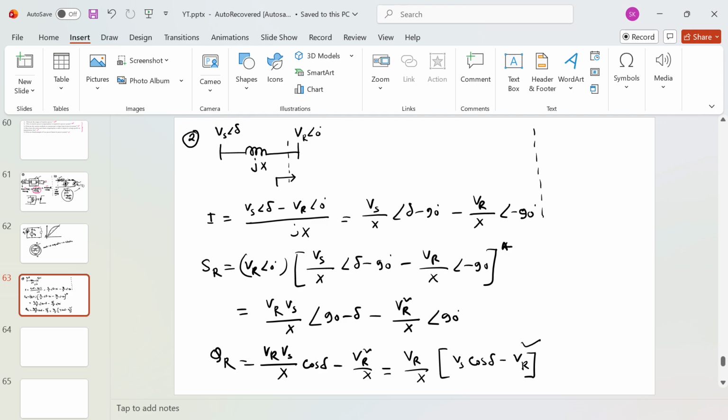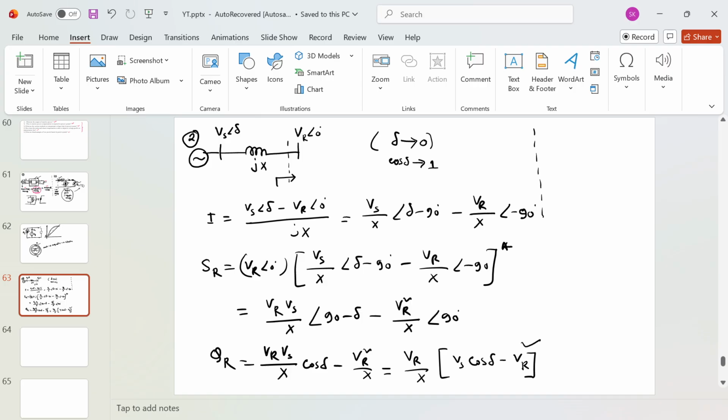Generally, this delta is the rotor angle, if the generator is connected at this terminal, and this rotor angle varies. Generally we try to keep this rotor angle on the lower side. So just for analysis purposes, I am considering the rotor angle tends to 0, but it is actually not the case. But for a better approximation, I am considering it tends to 0, so my cos delta tends to 1.